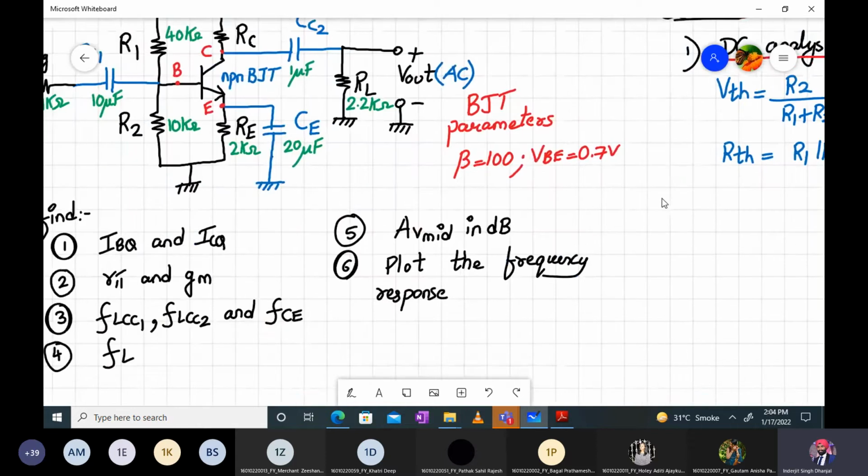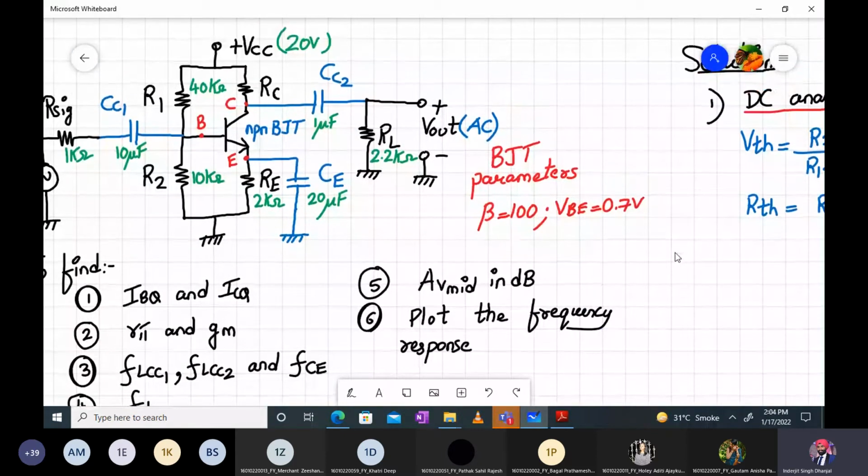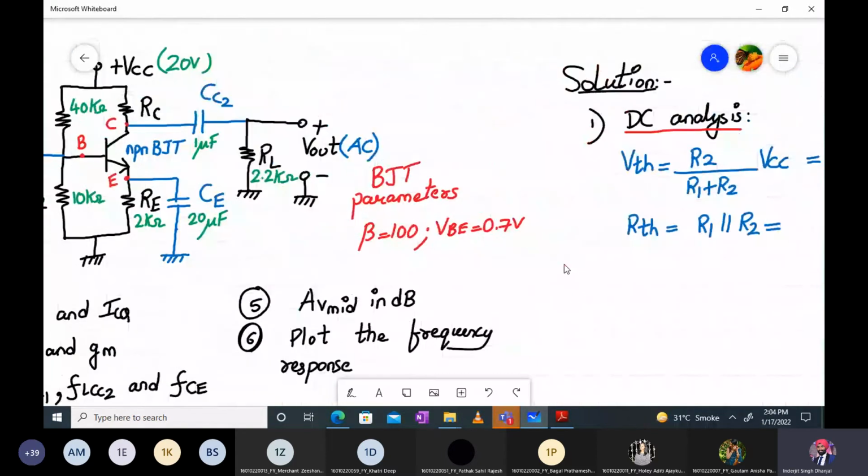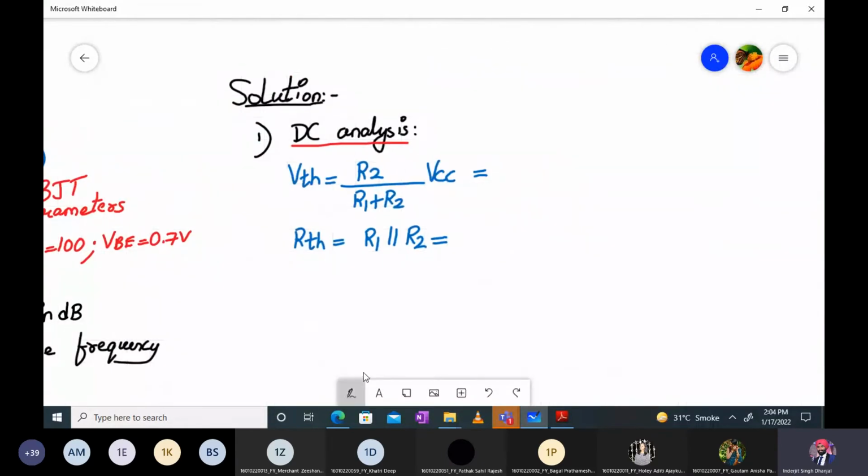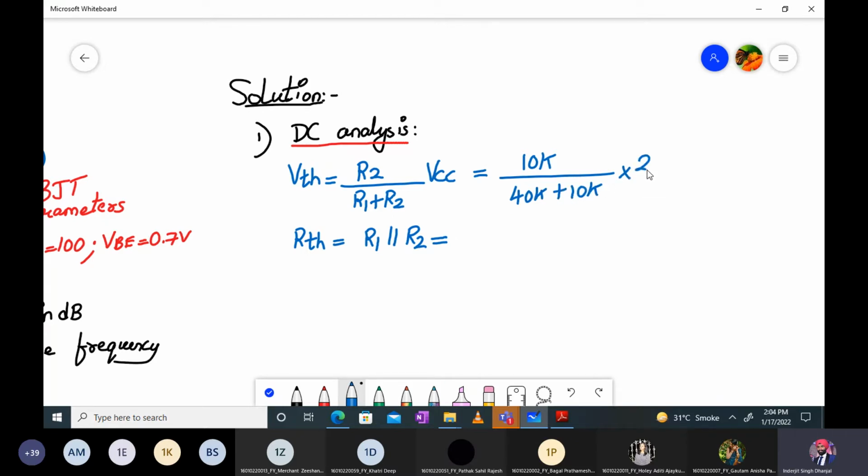We will complete the first 2 steps today, so please complete it fast. I will help you out in this also. You just have to use the calculator and find it out. R2 value is 10K. So 10K divided by R1 which is 40K plus 10K, into VCC which is 20. Can someone tell me the value over here?